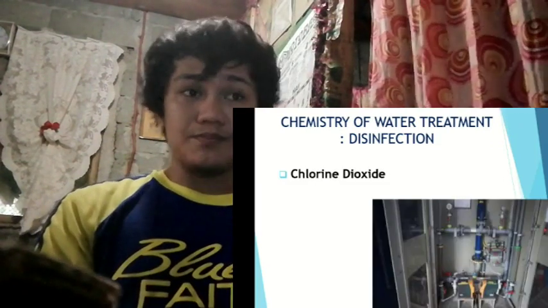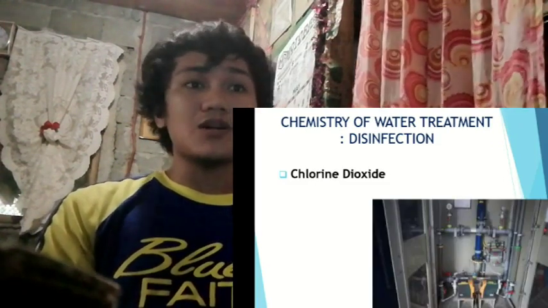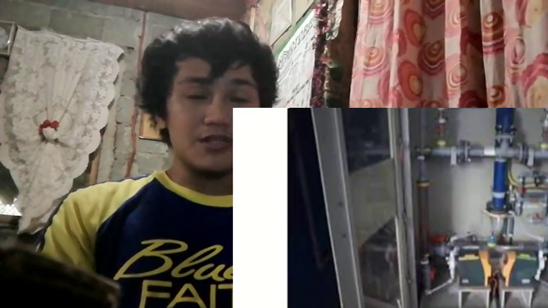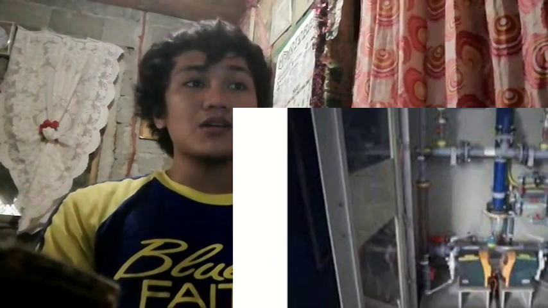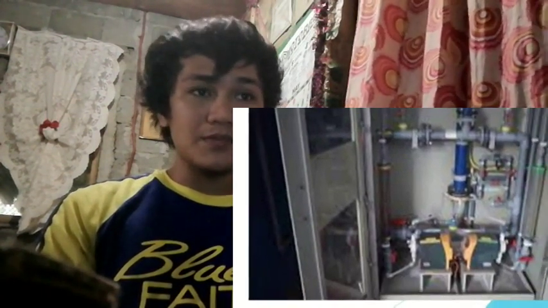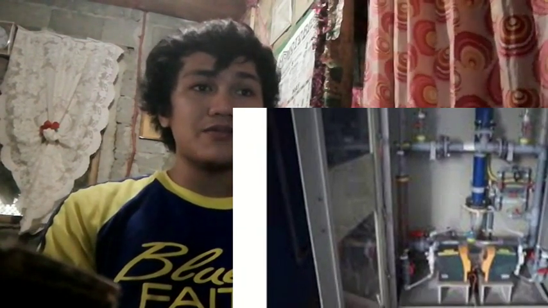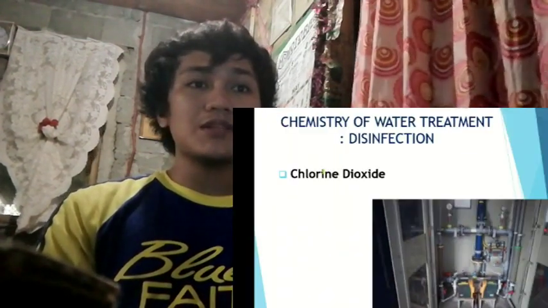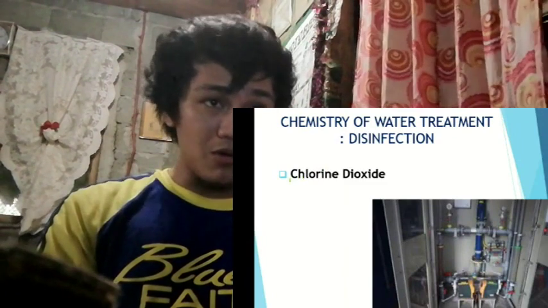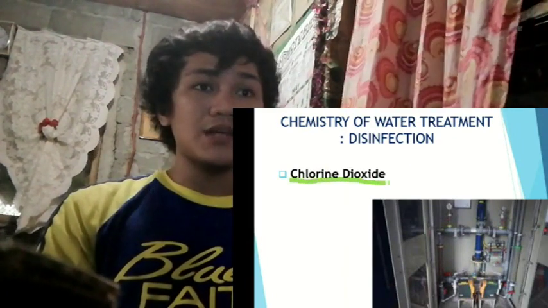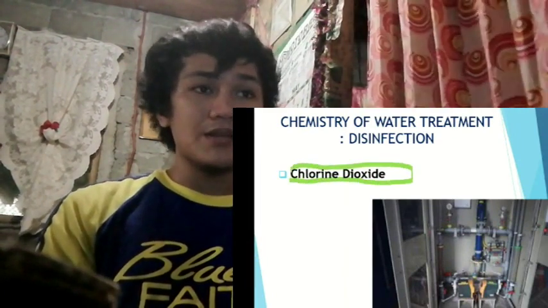Chlorine dioxide. Another very strong oxidant is chlorine dioxide. Chlorine dioxide is formed on site by combining chlorine and sodium chlorite. Chlorine dioxide is often used as a primary disinfectant in inactivating bacteria and yeast, followed by the use of chloramine as a distribution system disinfectant.